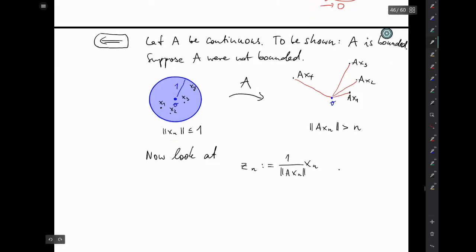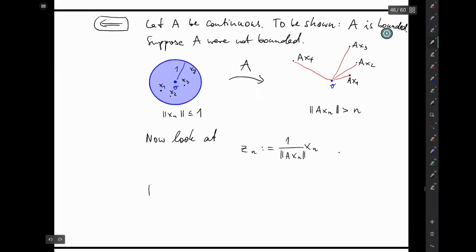Well, it's easy to check the norm of this new element zn. So let's do this explicitly because we're doing this for the first time. So this is the norm of 1 over norm Axn times the vector xn. And now this here is just a little alpha that you can get out of the norm by putting modulus signs around.